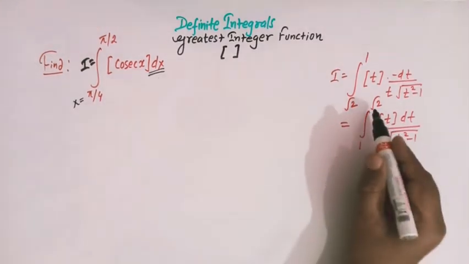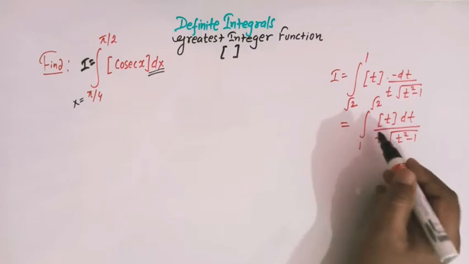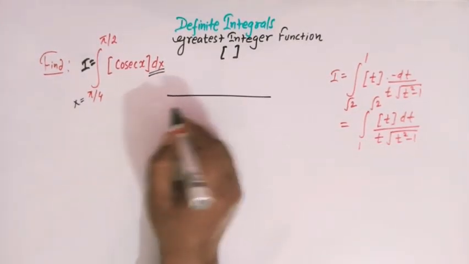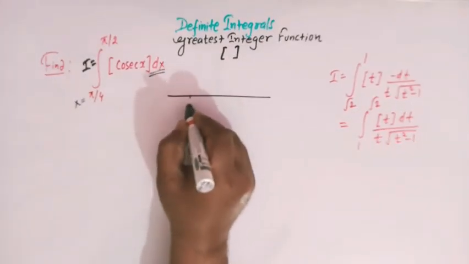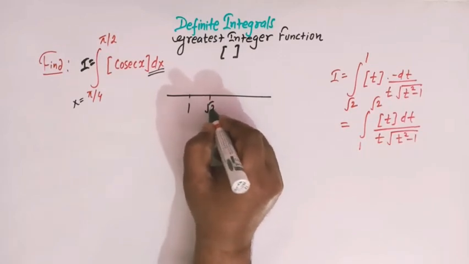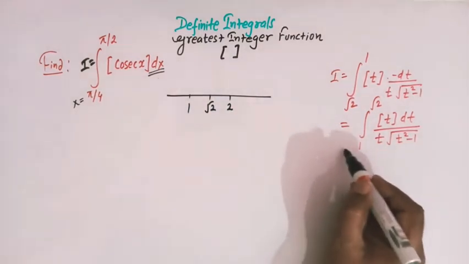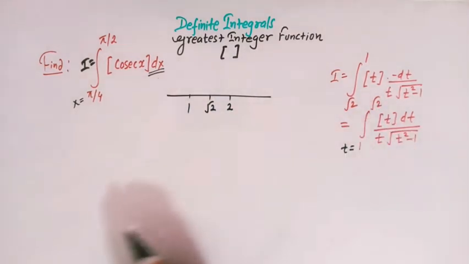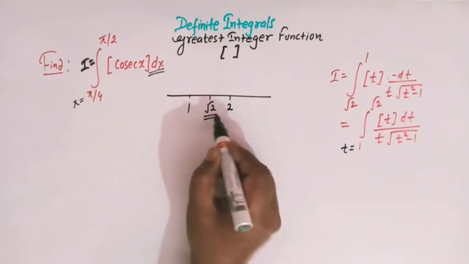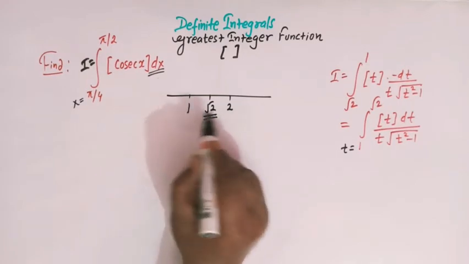Now let us look at the limits of integration. Here we have 1, and here we have square root of 2. We see that t varies from 1 to square root of 2, and square root of 2 lies between the integers 1 and 2.